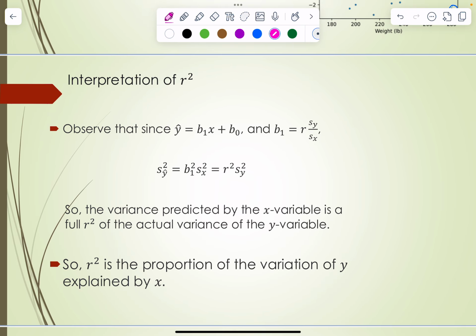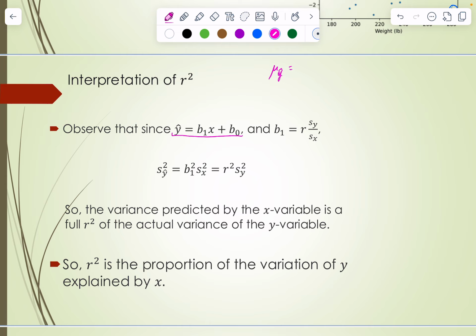Okay, let's think about the interpretation of r squared. So we observe that our prediction here is b1x plus b0. Now what if we were to compute, say, the mean of y hat?